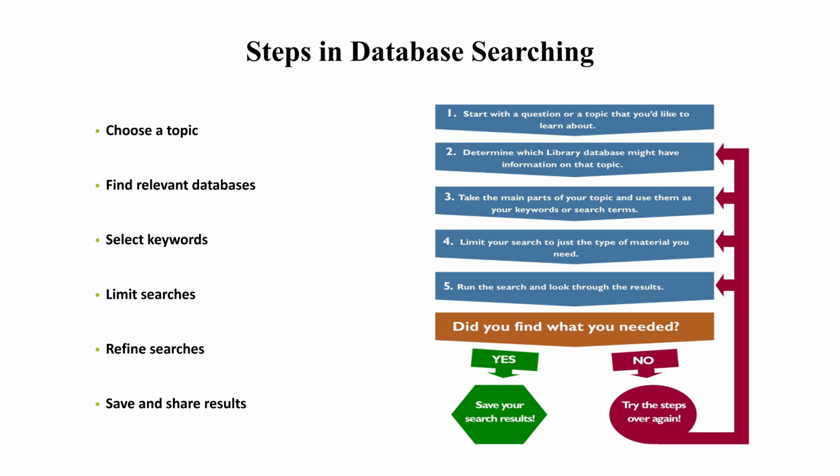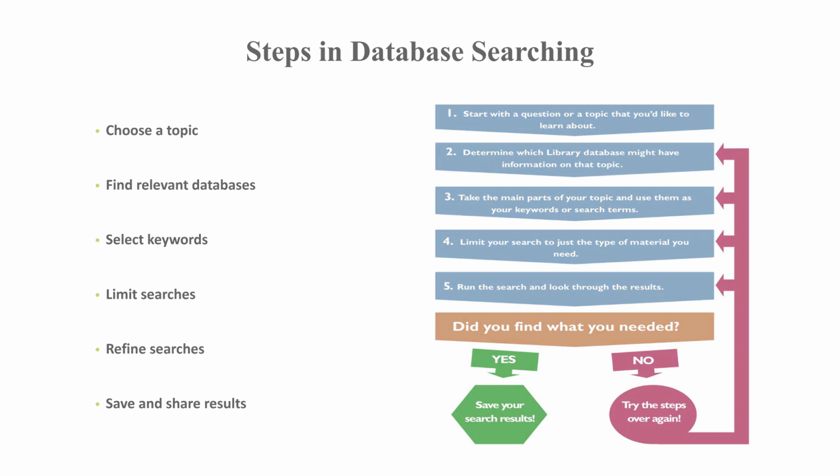There is no database in the world which gives you the appropriate exact data on your first search, and there is no user who puts the perfect strategy for searching data in a database. So it is a continuous process, and it is a matter of trial and error also, by which we can get the relevant data for our research and for our academic purposes.